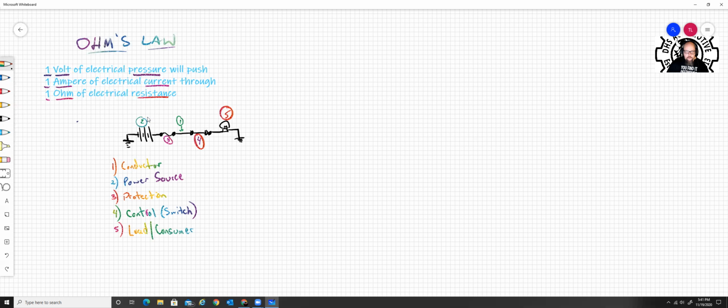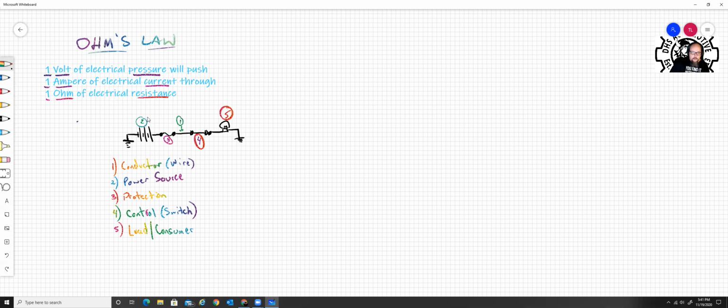Consumer, for our level, is probably the easiest way to understand what I'm about to talk about. However, load is a little more common in the auto industry, so let's go with this. First, we have our wire, and this wire, the conductor, is going to connect all of the remaining parts.